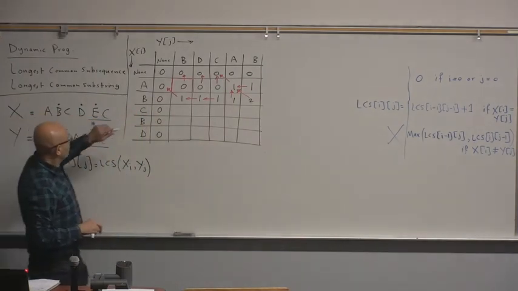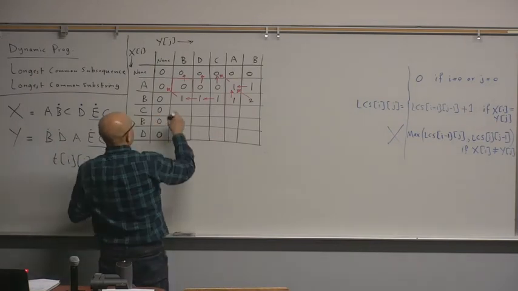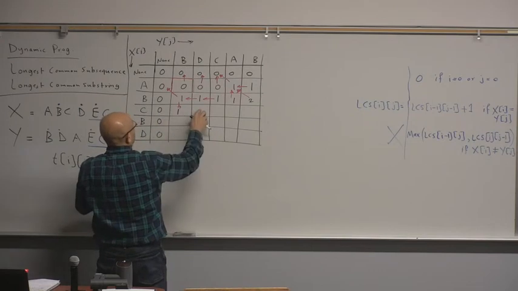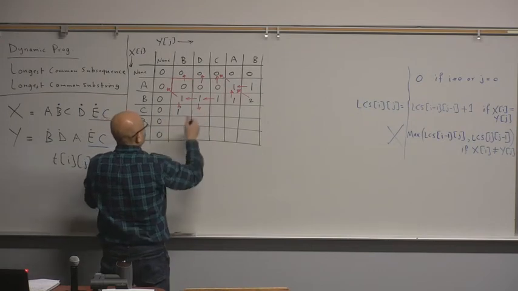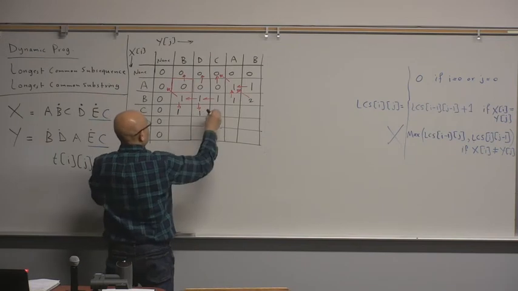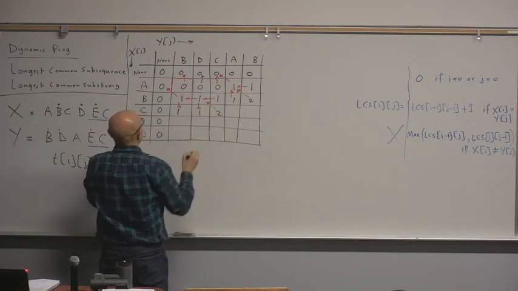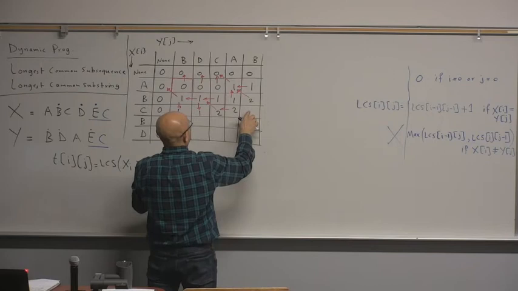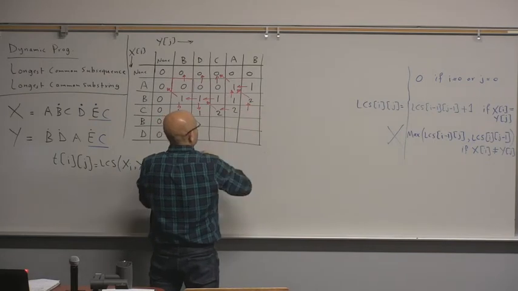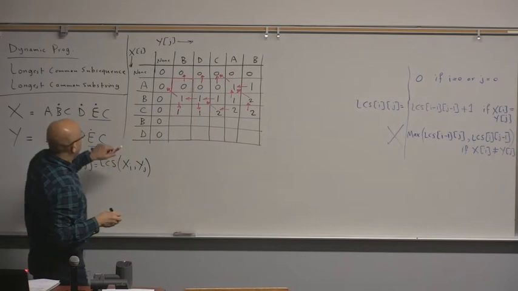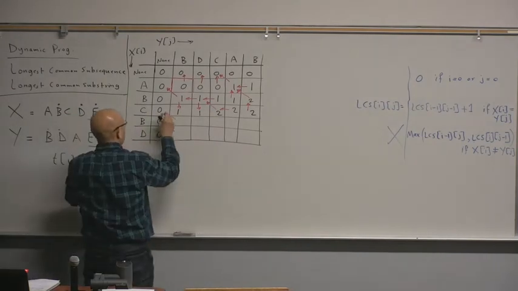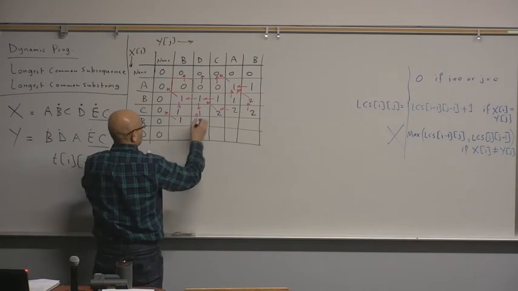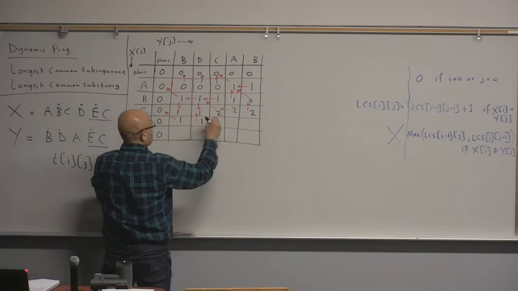Okay? Now, B and C different, so we take the 1. Different, we take the 1. Similar, diagonal, we put 2. Different, we take the 2. Different, we take the 2. Similar, diagonal. Different, we take the 1. Different, we take the 2.